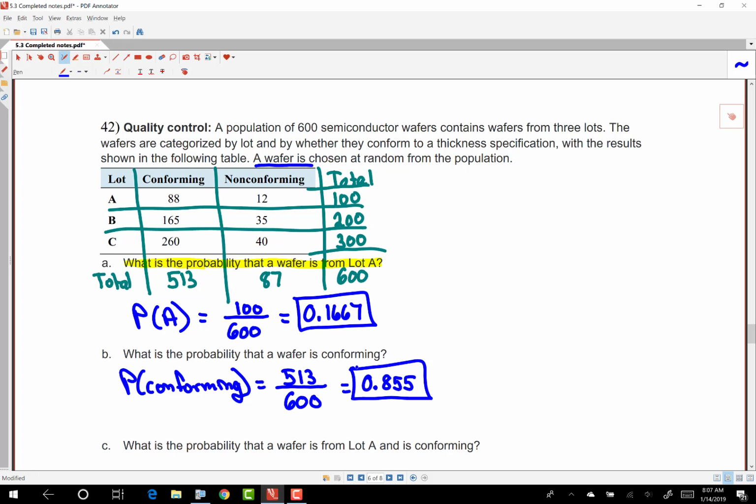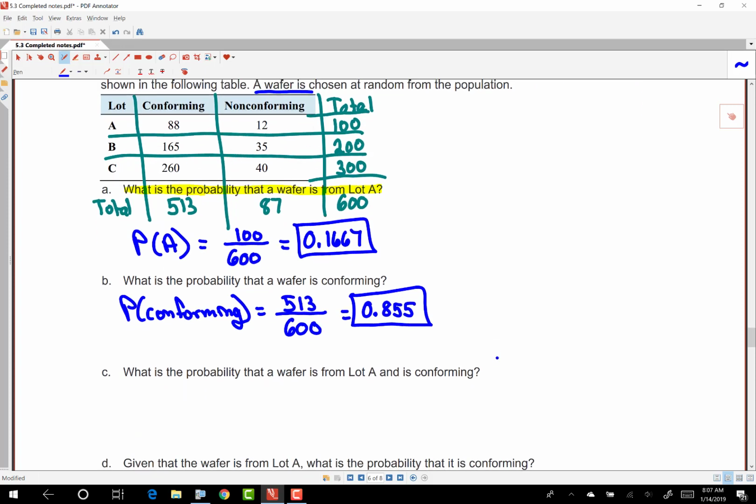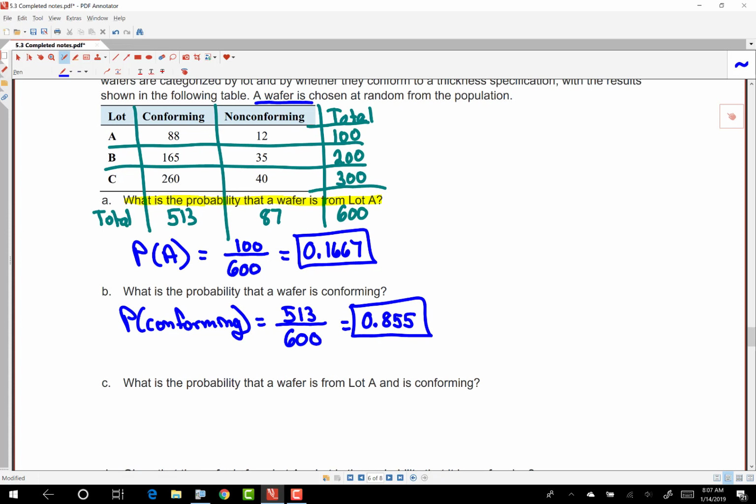Okay, let's look at part C. Part C says, what is the probability that the wafer is from lot A and is conforming? So we want to find the probability of getting something from A that is conforming. Well, again, we're not given any condition. It will literally say the words, given that.